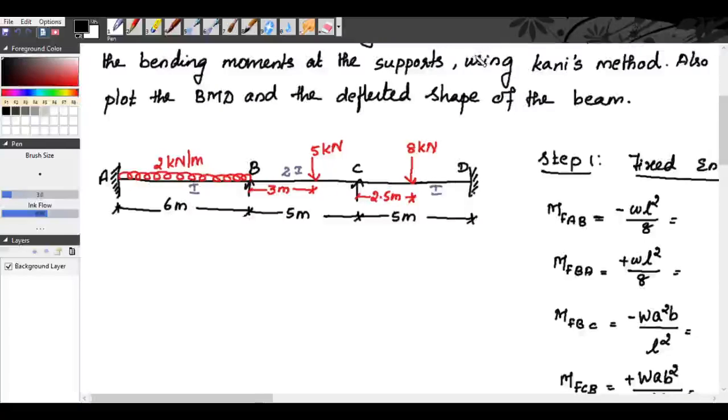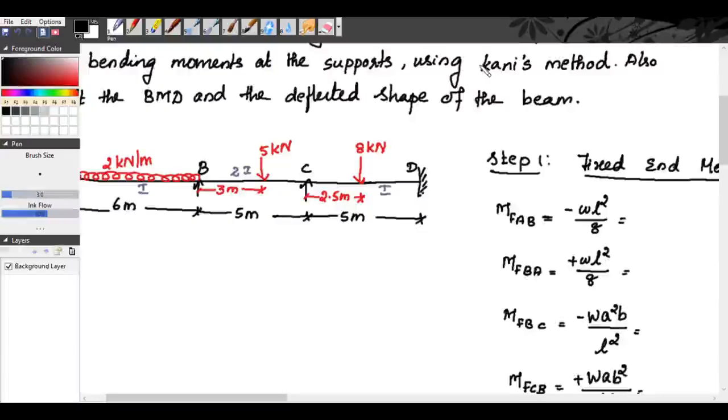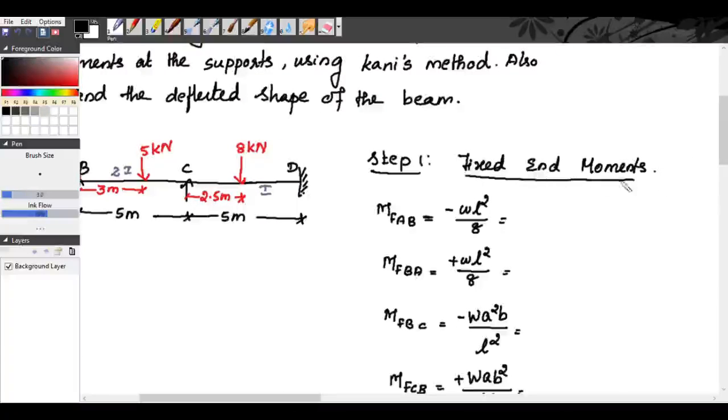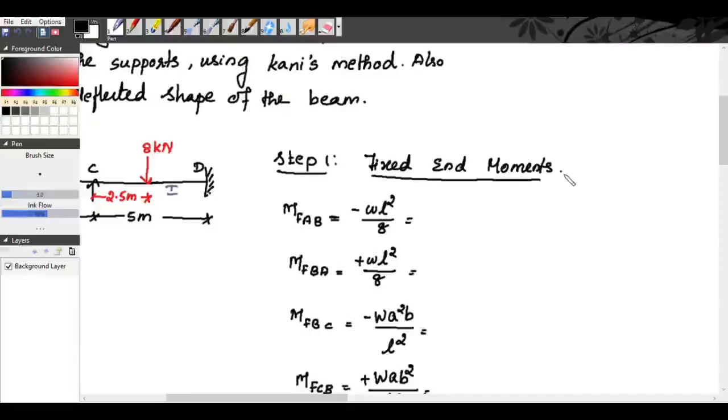So solution, as usual, the first step is to find the fixed end moments. We have to determine the fixed end moments. So we know for finding the fixed end moments, we will be assuming all the supports as fixed. So when we consider all the supports as fixed, when you consider the span AB, A is fixed support and B is fixed support.